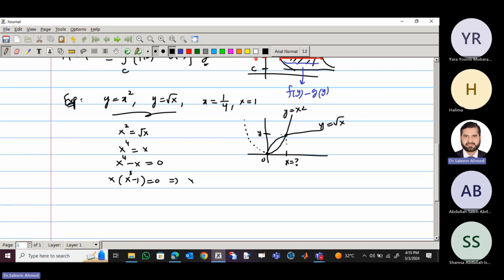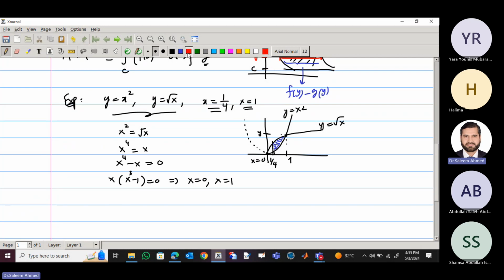So from here you get x equal to 0 and x equal to 1. But they already gave me x equal to 1, so this value was given to me. The second value given is 1 by 4, which is somewhere here. So they are asking for this area between 1 by 4 and 1.